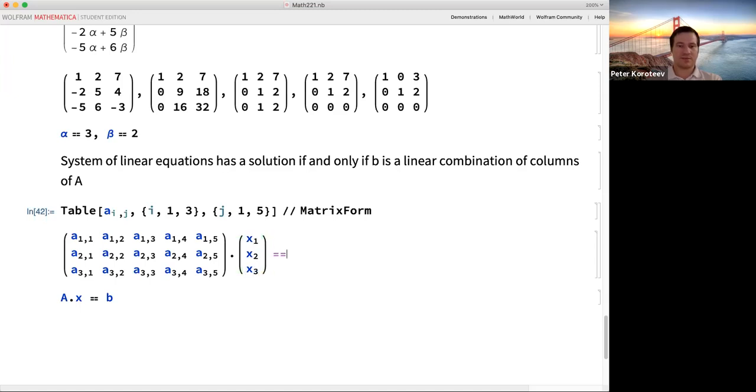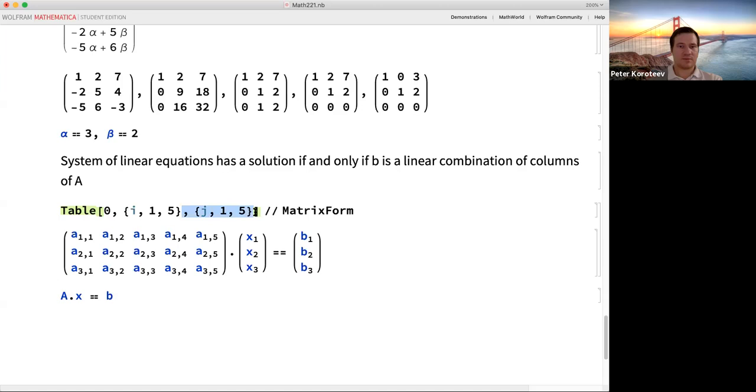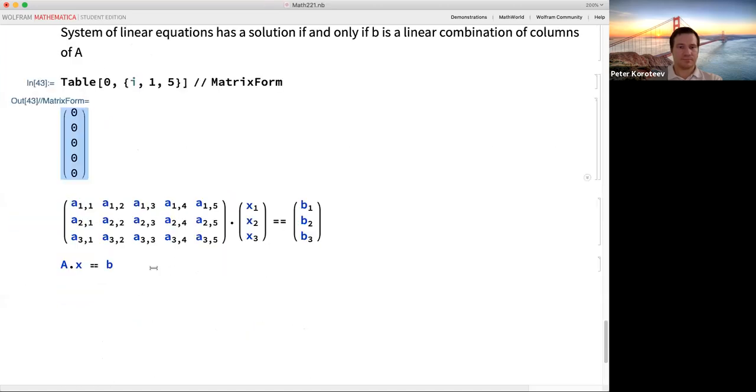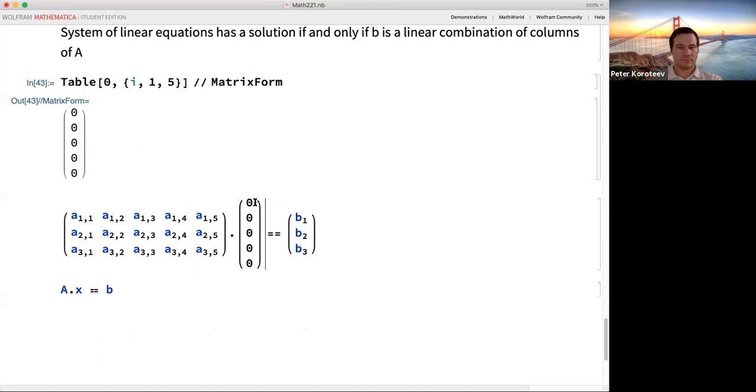And then if you say that this is equal to the vector B, with components B1, B2, B3, it's equivalent to say that this vector B on the right hand side, actually, sorry, X should be a 5-vector. Otherwise, you cannot multiply.